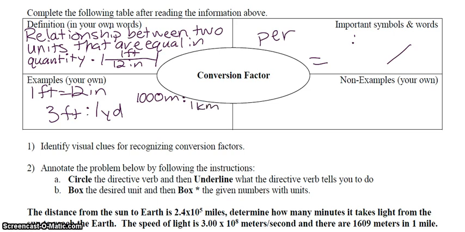So notice that each part of a conversion factor has to include a unit and a value, and they need to be real relationships. So non-examples, say 13 inches to a foot, that's not true.